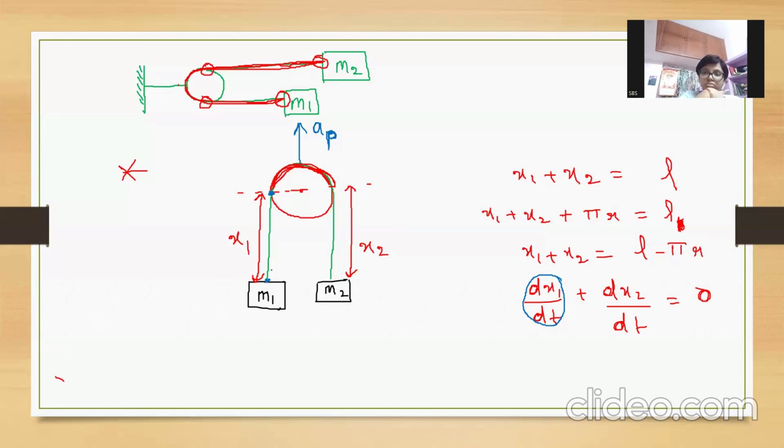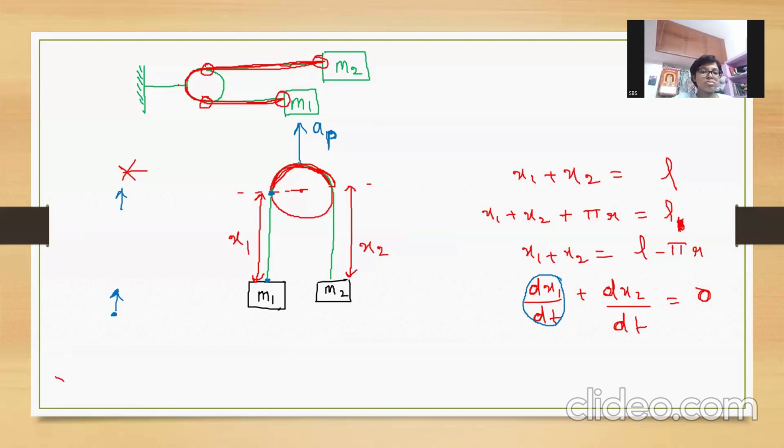Clear? What should I say, sir? What is my observation? Look here at this dx1 by dt. When this pulley is going with AP acceleration, then m1 is also going up, and this point is also going up. We can't say both are moving with the same velocity. We are not at all sure.